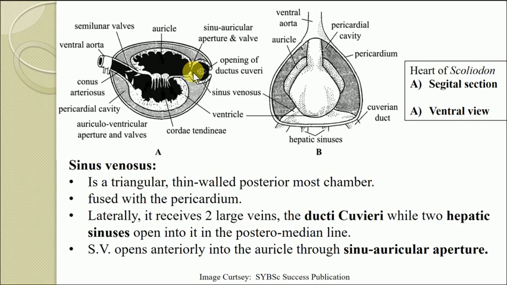Pacemaker is generally the region where the rhythmic wave of contraction in the heart starts. So in the heart of Scoliodon, this sinoatrial valve is the region from which the wave of contraction begins. So this is about the first chamber, known as the sinus venosus.